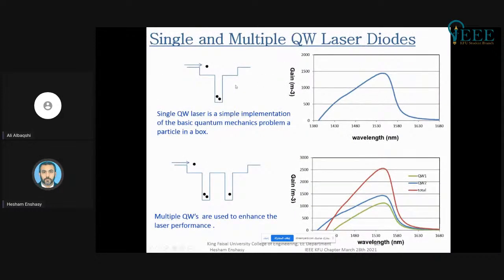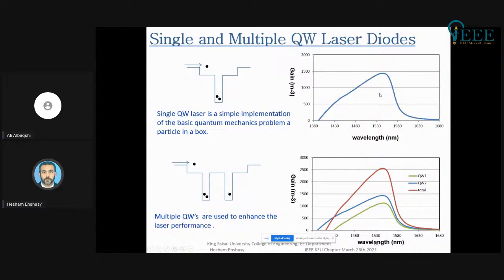People use more than one quantum well, so they go for multiple quantum wells, basically to widen the gain. If you look at the gain peak of the laser, it looks like this for a single quantum well. If you have two quantum wells, then the total gain peak will be something like this, and this will give more wavelength than the other one.